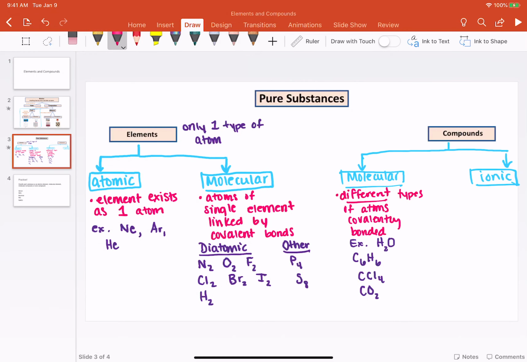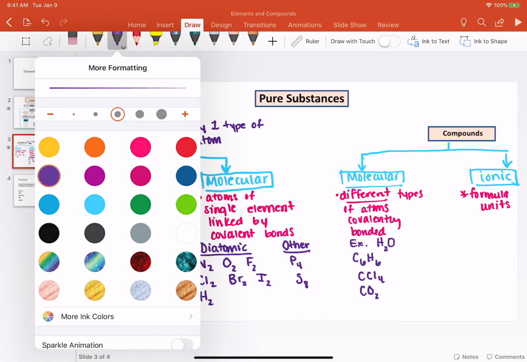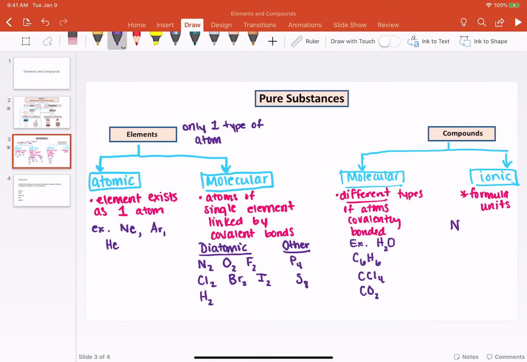Ionic compounds, on the other hand, are not usually called molecules because they don't have covalent bonds. So instead we call these formula units. And these are going to be a metal and a non-metal combined. So, for example, we have NaCl, LiF, MgCl2.